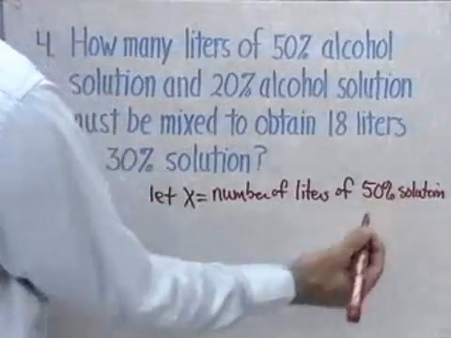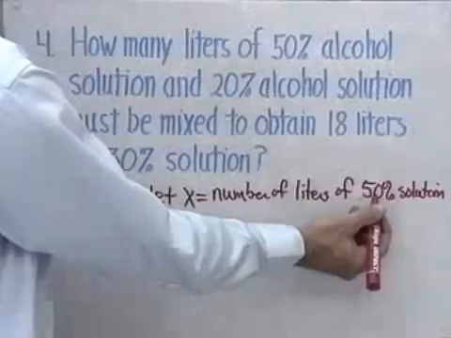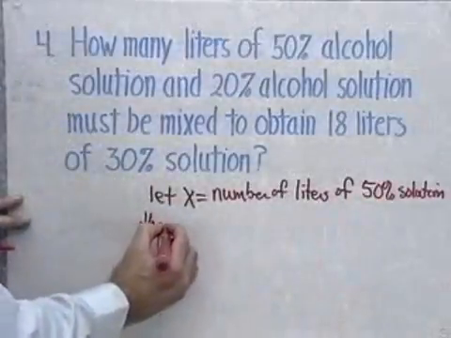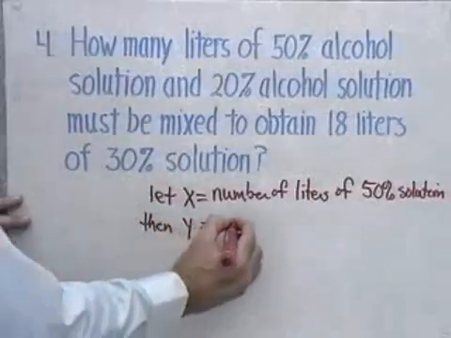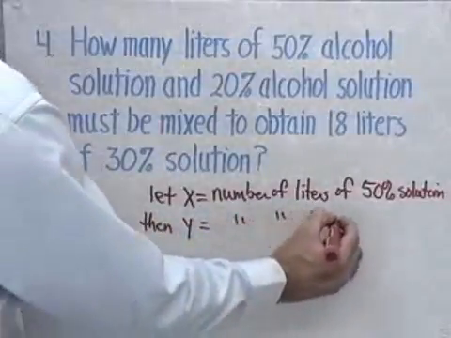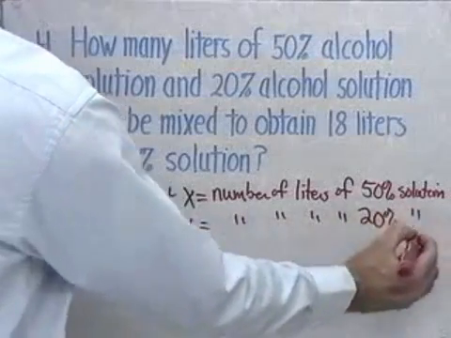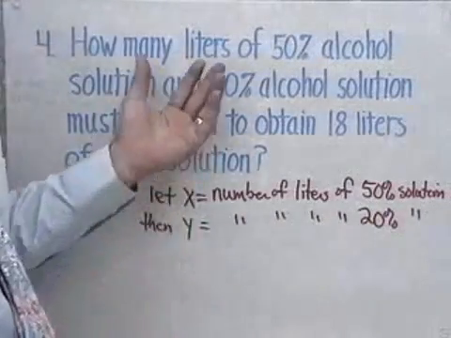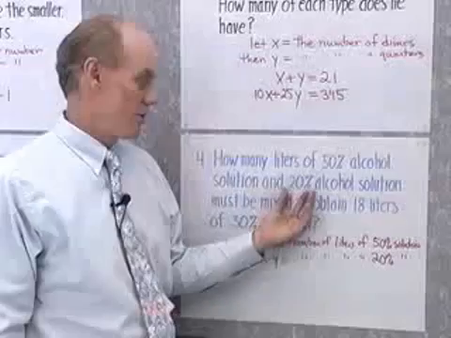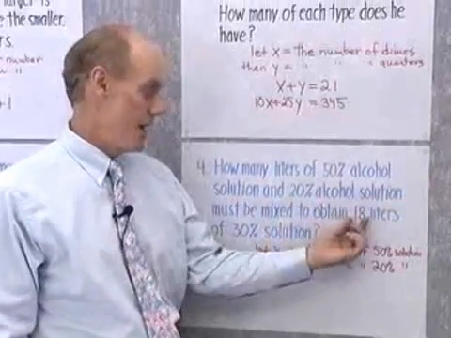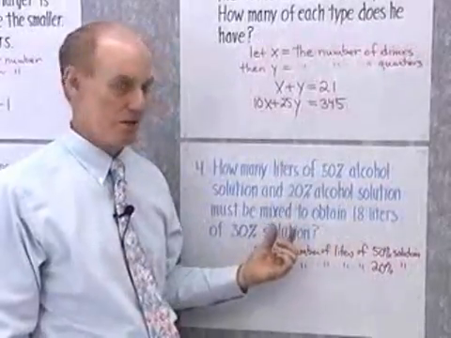Now, a 50% solution means that 50% is alcohol and 50% is water. Then, I'm going to let Y be equal to the number of liters of 20% solution. Now, how many liters of 50% solution and 20% alcohol solution must be mixed to obtain 18 liters, that's 30% solution?